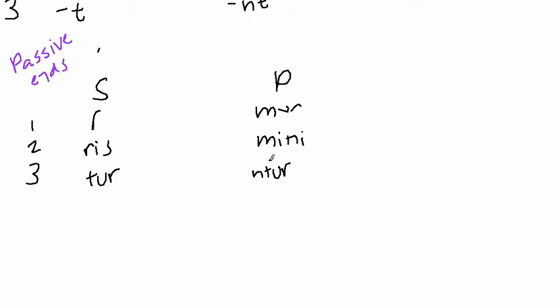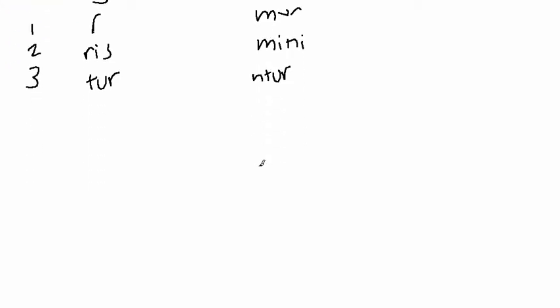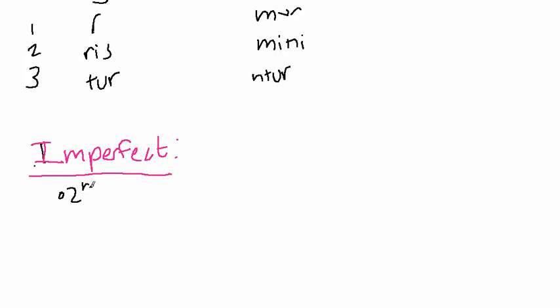And good news, the imperfect is even simpler. Let me write down imperfect, different color, imperfect. This is the imperfect subjunctive, and there's only 2 rules. All you do is jot down your second principal part, or your present active infinitive.